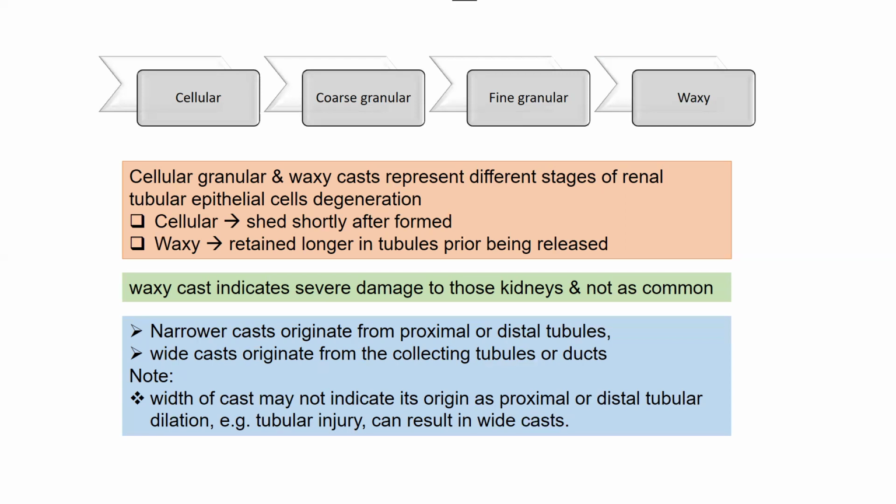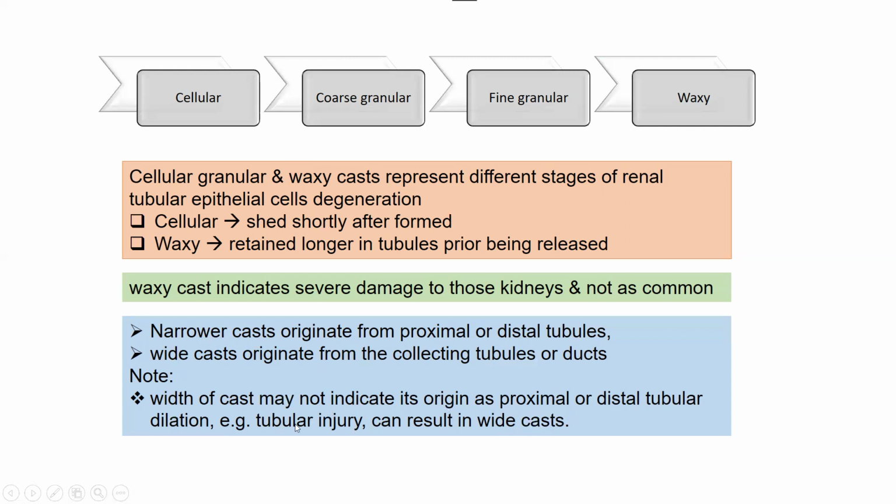So that's it. And the next thing is that narrower casts mostly originate from the proximal or distal tubules, and wide casts originate from the collecting tubules or ducts. Like you can see the last portion will generate wide cast, and if it is from proximal or distal tubules, it will be narrow cast. But it is noteworthy that the width of the cast may not indicate its origin, as proximal and distal tubular dilation can result in wide cast.